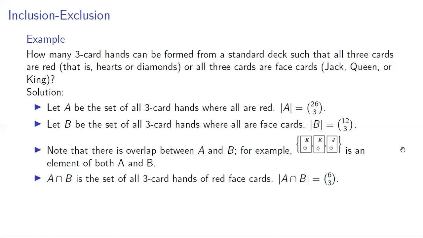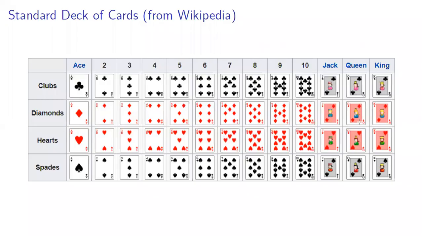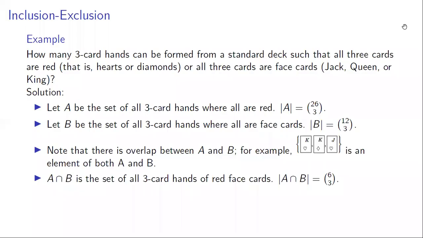Well, there are 6 such cards. If we go back to the picture of the deck of cards, we see that if we look for cards that are red and faces, there are exactly 6 of them. And we need to choose 3 of them. So the cardinality of A intersected with B is 6 choose 3.